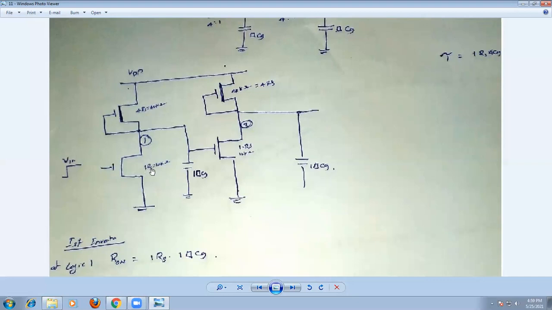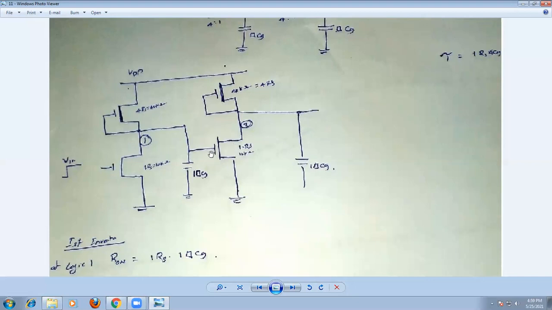For NMOS technology and 5 micrometer technology, it is equal to 10 kilo ohm, and the pull-up, 4 into ZRS, is 40 kilo ohm. Now the capacitor discharges through this transistor, so the output voltage goes to 0 level. Whatever voltage is across the capacitor will be given to inverter 2.